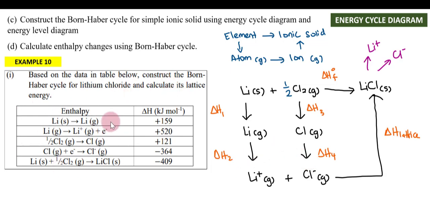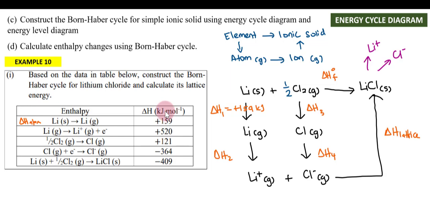Since here its enthalpy is given in the form of equation, we are going to match it with our cycle. So we have first lithium solid to lithium gas. Actually this one is the enthalpy of atomization of lithium, which is the value positive 159 kilojoule.